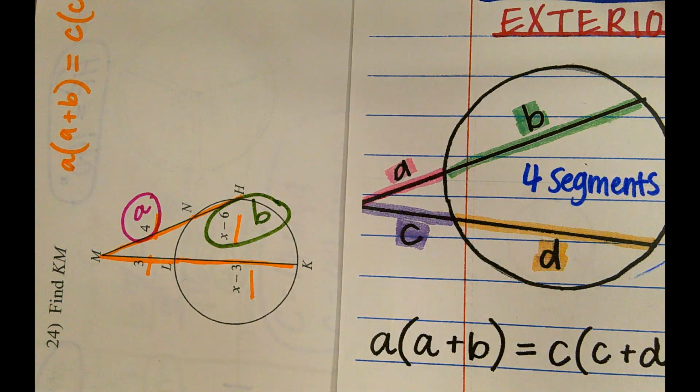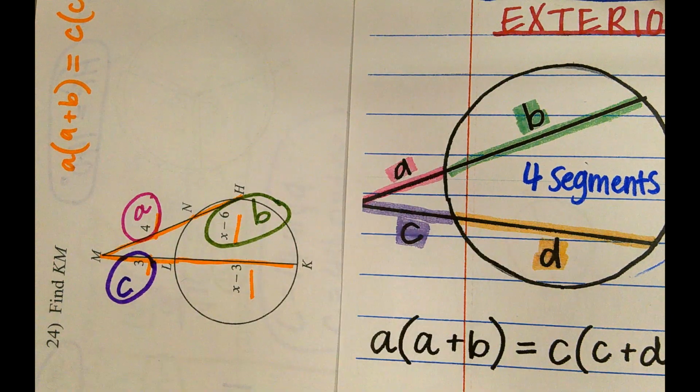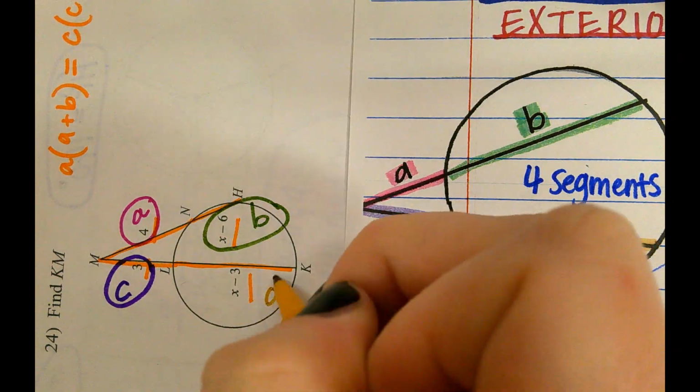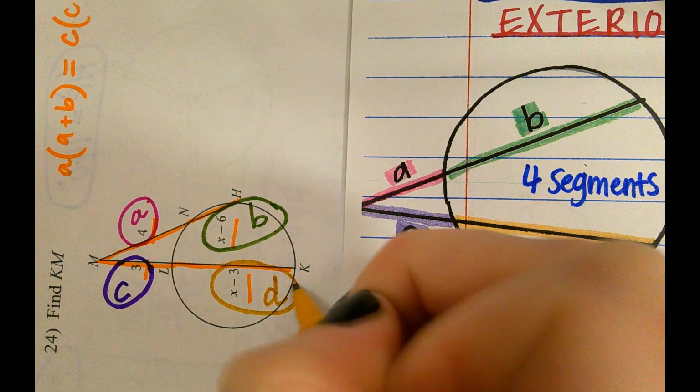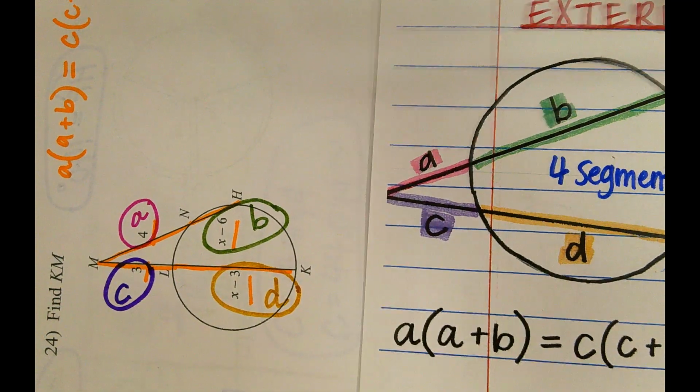What is my C? 3. And so all that's left is D, x minus 3. Okay, so I have A, B, C, D labeled. Done. Let's plug them in.